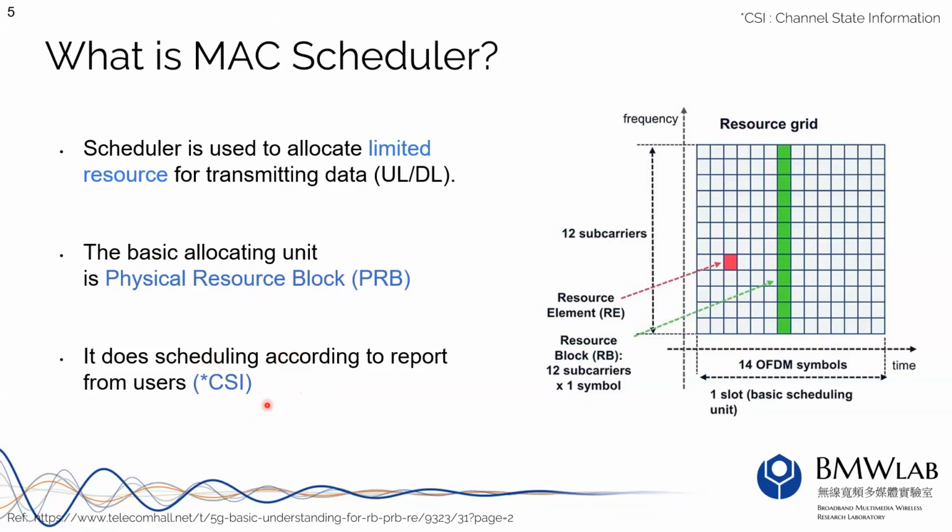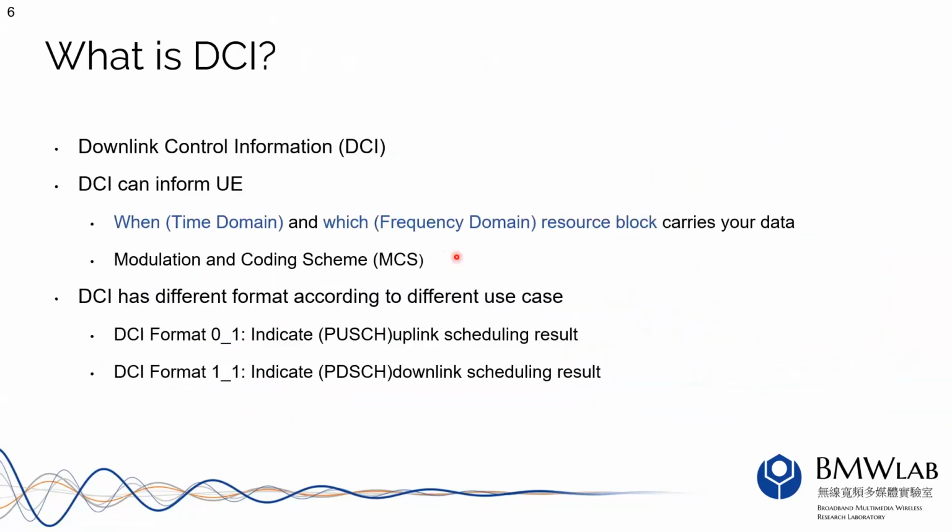It means the UE will report the channel state information in order to know the channel capability of each UE. So the scheduler can refer to this information to do the scheduling and run the scheduling algorithm. This is the scheduler. Okay.